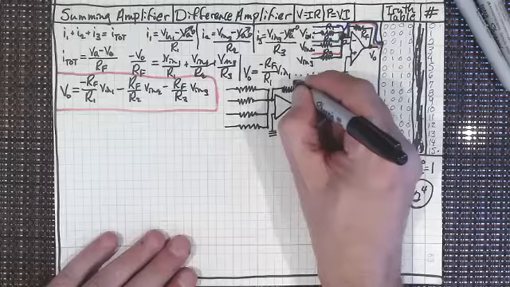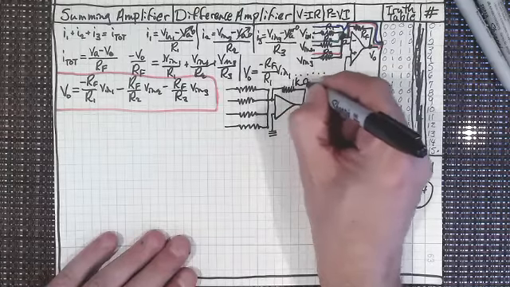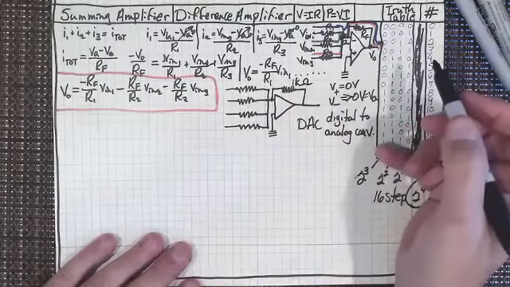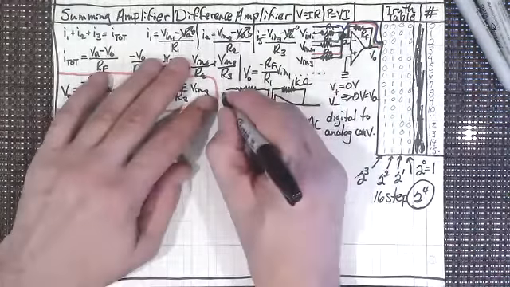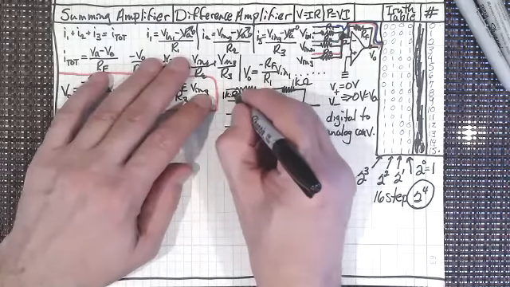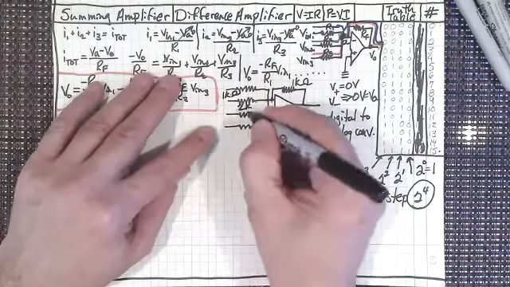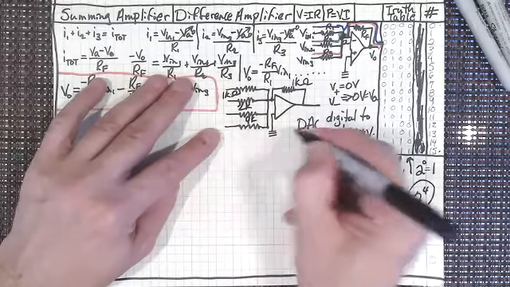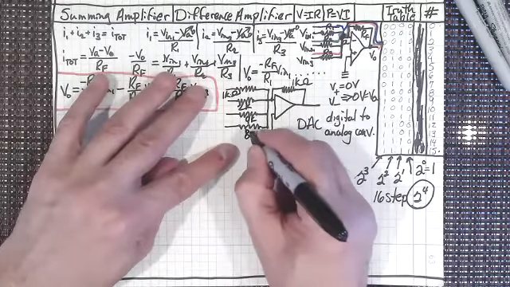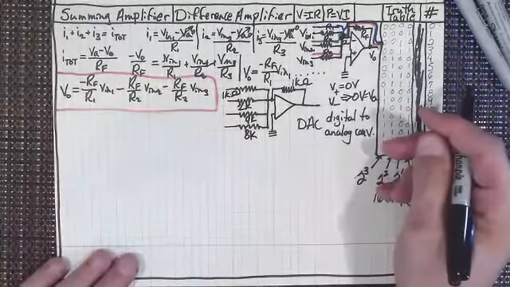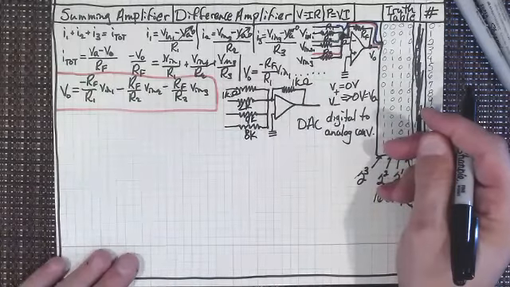So let's say I put a 1 kilo ohm resistor right there, and a 1 kilo ohm resistor here. And then I've got a 2 kilo ohm, a 4 kilo ohm, and an 8 kilo ohm. Does everybody see that?